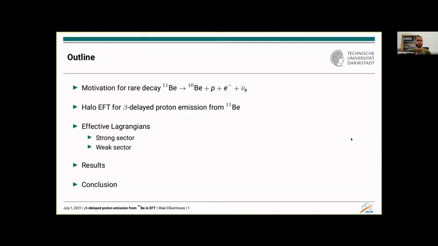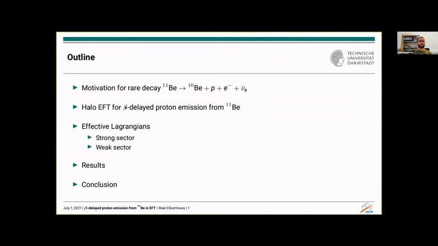Here's the outline of my talk. First of all, I want to motivate why it is interesting to study the decay of beryllium-11 into the continuum of beryllium-10, the proton, and the corresponding leptons. As our theoretical approach, we use halo effective field theory for beta-delayed proton emission.